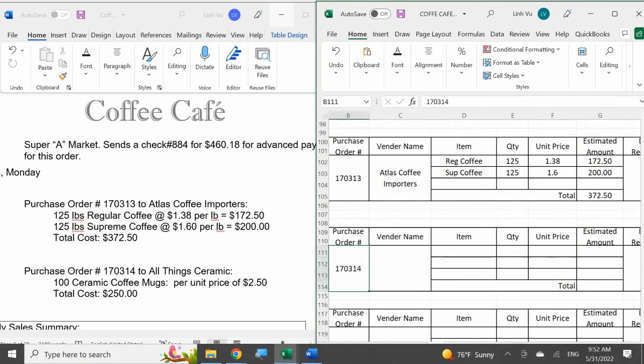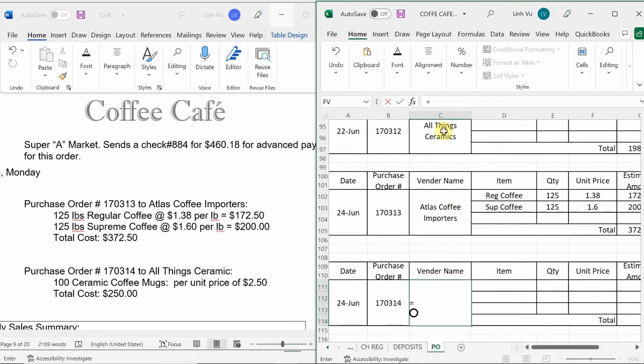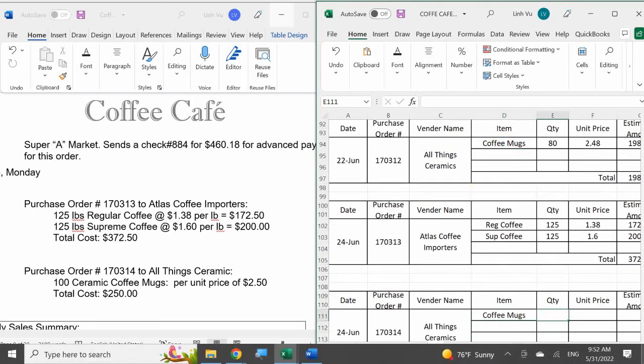We also ordered from All Things Ceramics. Okay, what did we order? Straightforward, coffee mugs. Okay, how many? 100. At what price? I think we'll see $2.50.